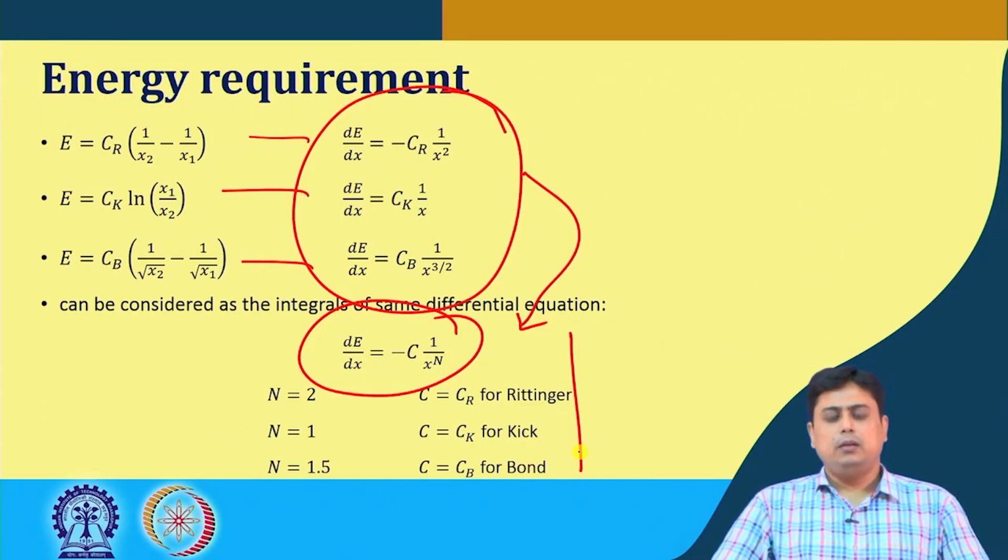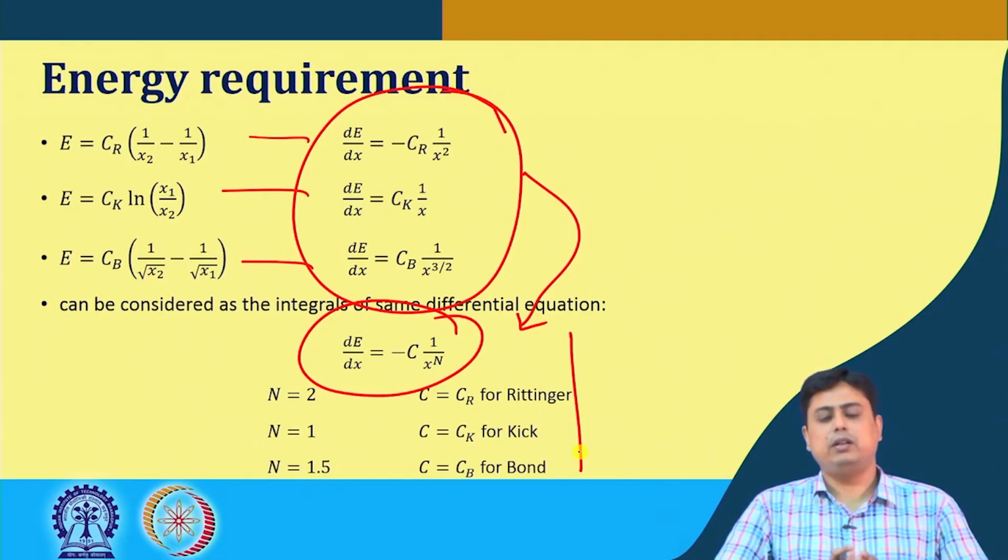That means these expressions were derived for a certain range of particle sizes. These are empirical relations. Several experiments were done for different systems for different size ranges. It is not an exhaustive size range that has been studied.